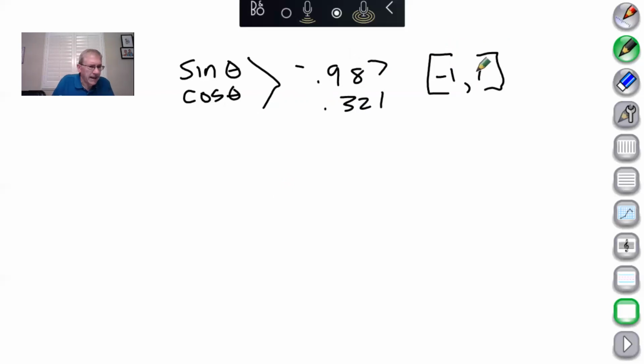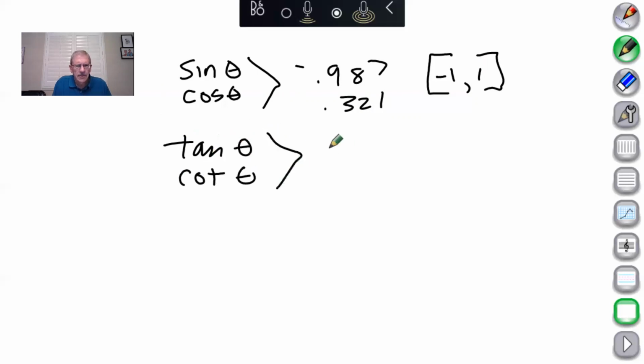Okay, what about the tangent? Tangent and its buddy, the cotangent. Those 2 guys, they're going to be any number. So from -infinity to infinity, it's all going to be good.